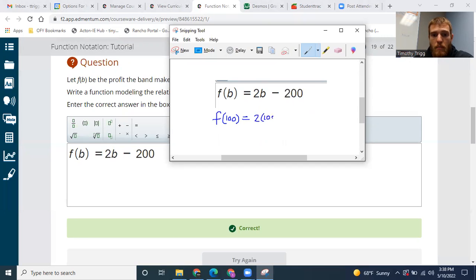So 2 times 100 minus 200. What's this? Well, 2 times 100 is 200. So we have 200 minus 200, which you probably already know is 0. Okay, 0.